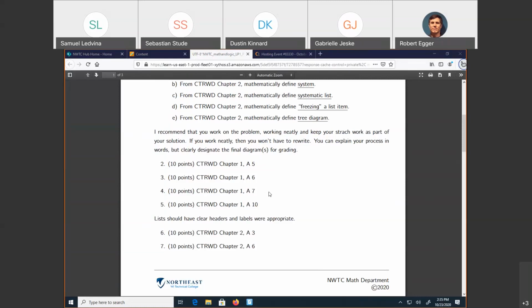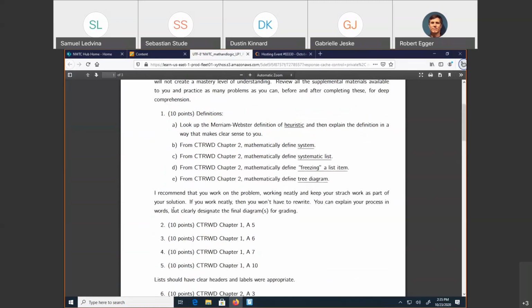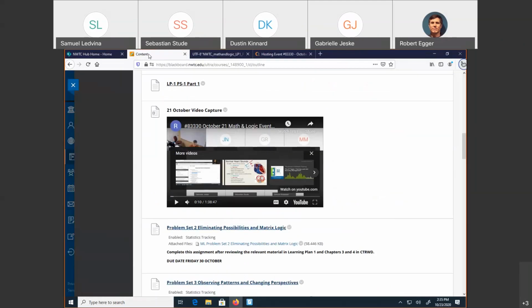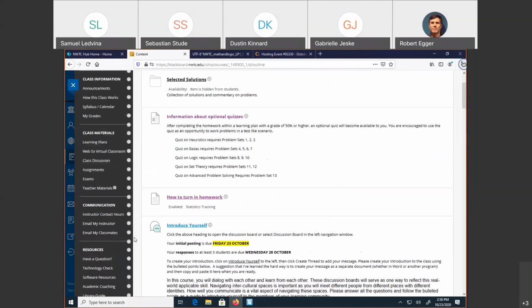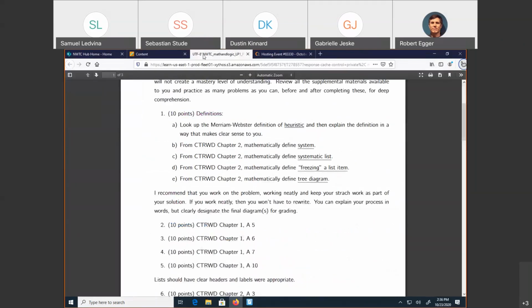I showed in one of the learning plan copy PDFs that another instructor put up, there's a good definition for heuristics.